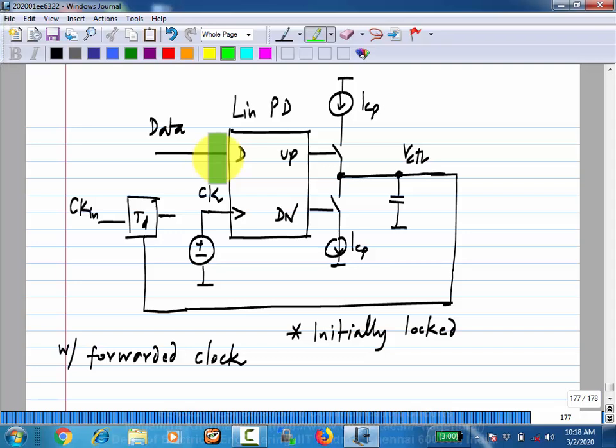Is it clear what I have done here? No? Okay. So what I did was, this one will recover the clock, you agree? So the data is like this. This clock would have been that way.